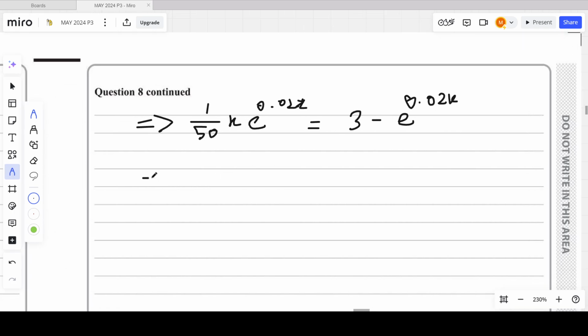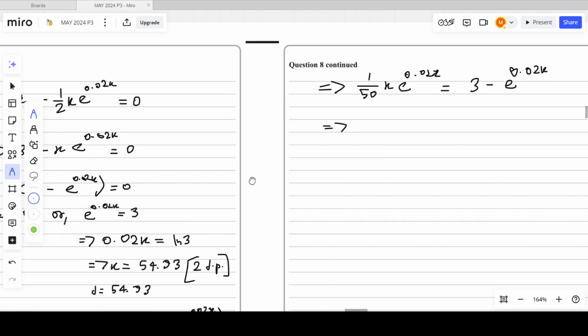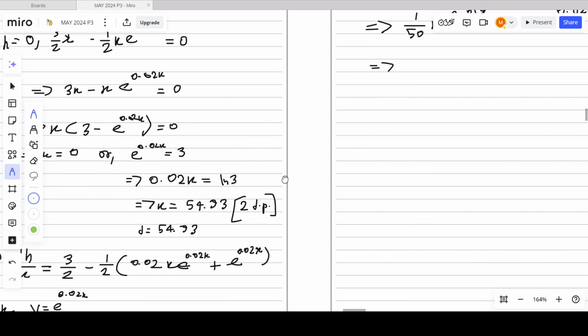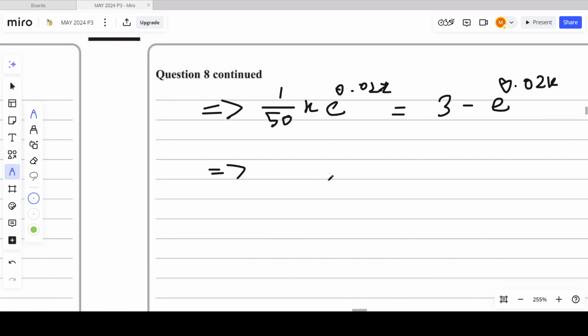Okay. Now what we can do? We can multiply both sides by 50. Before multiplying both sides by 50, we can do one thing. We can take ln on both sides now.